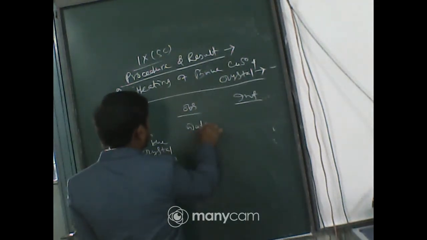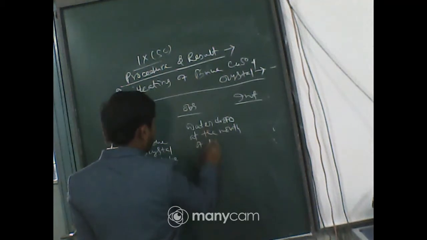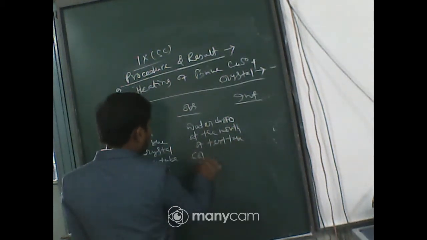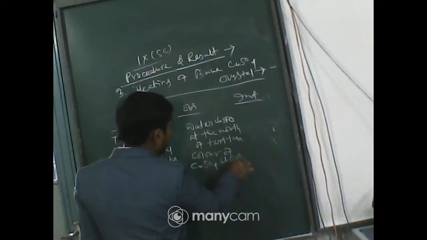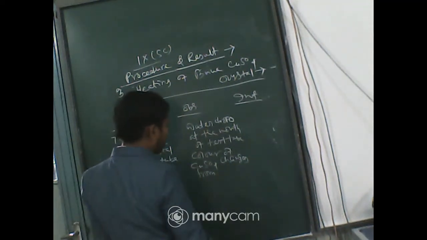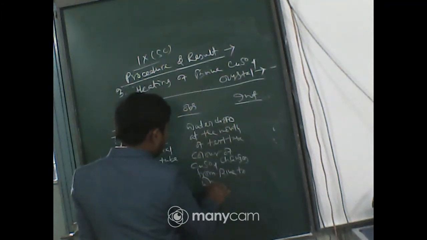Observation: water drops at the mouth of the test tube. Color of copper sulphate changes from blue to white.